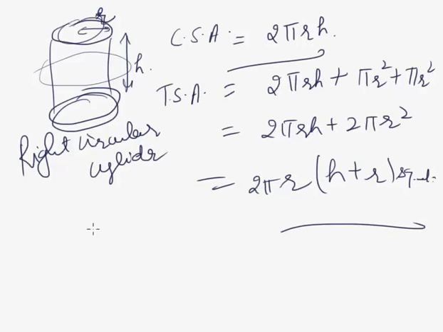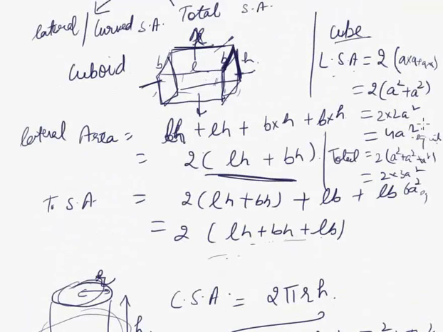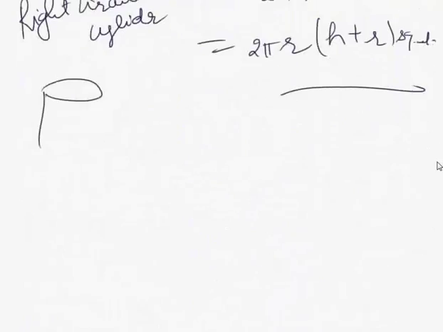Similarly, if we have a hollow cylinder, the figures earlier we have used were solid figures, that is, this was a solid cylinder and these two were solid cube and solid cuboid.